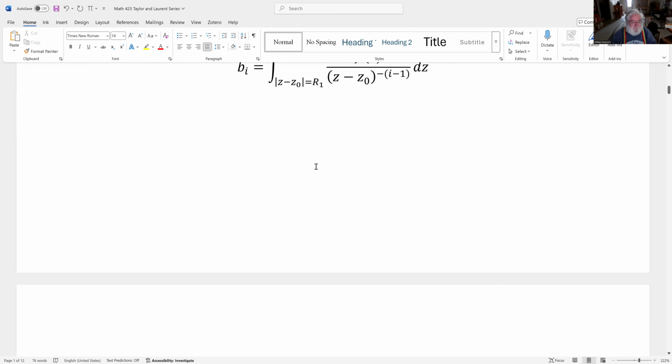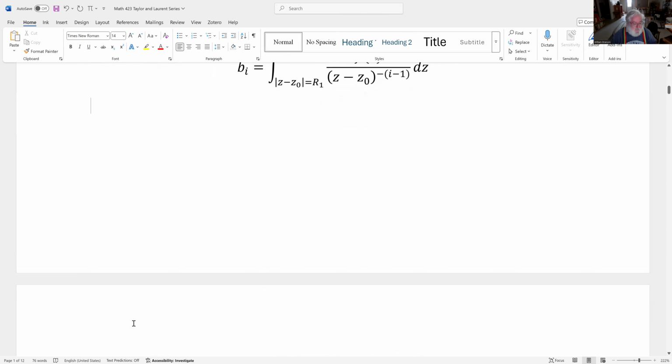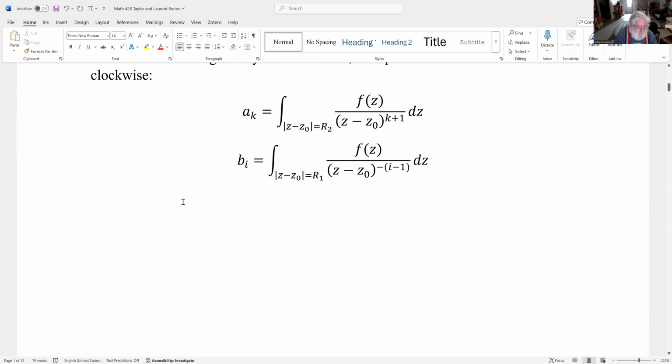What we want to do first is say what we're going to do, which is proving Taylor's theorem.